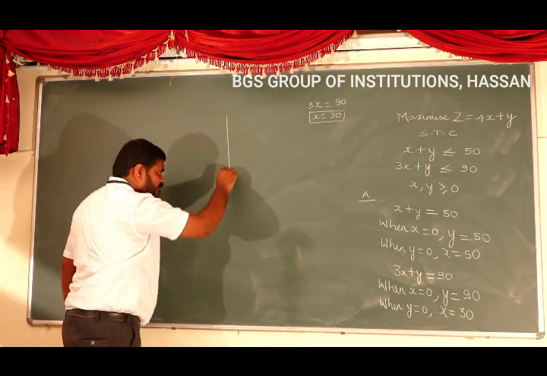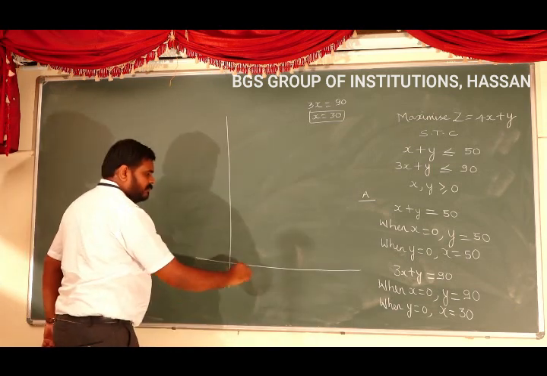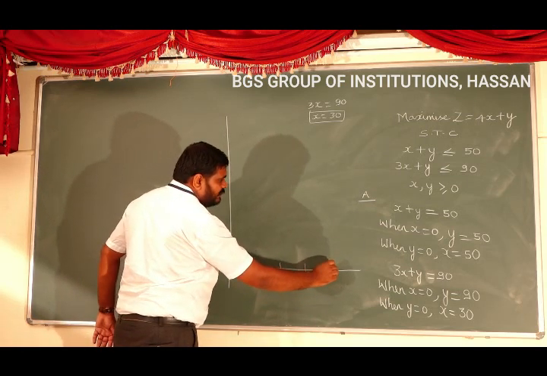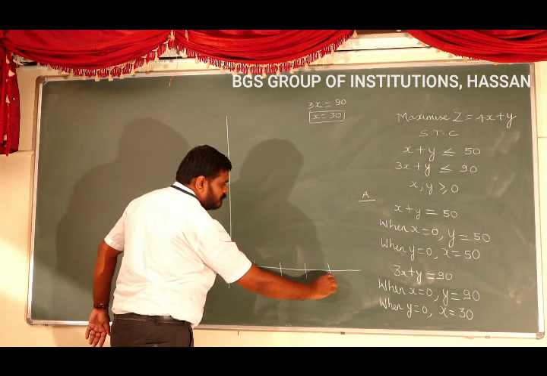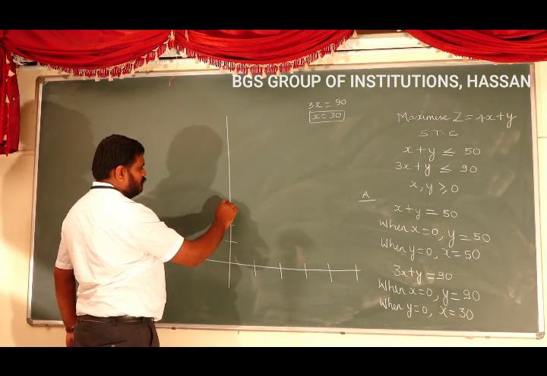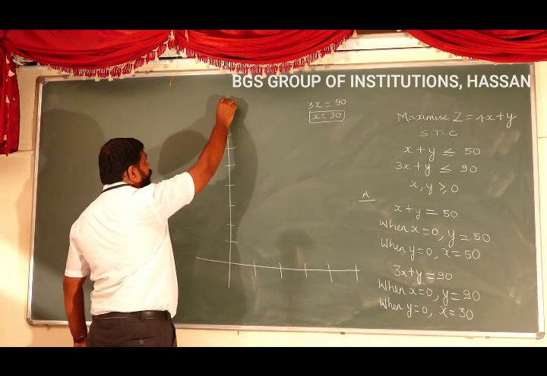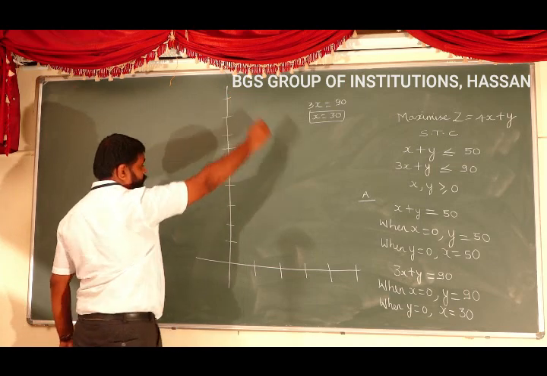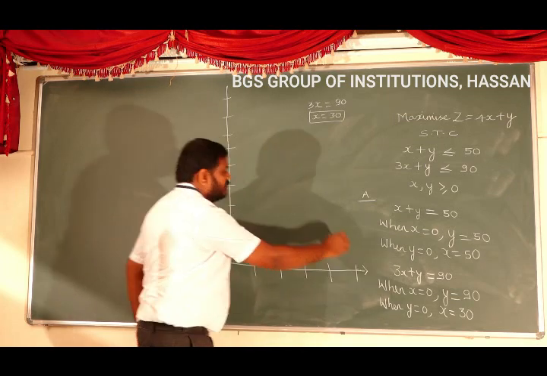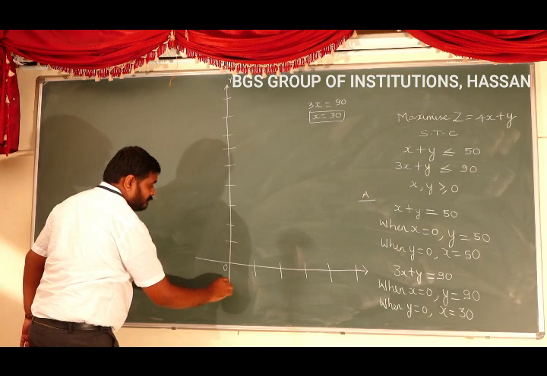Now, let me take a graph. I'm just marking it over here. It may not be accurate, but you need to mark it on the graph sheet so that it will be accurate there. This is the x-axis, this is the y-axis, and this is the origin.